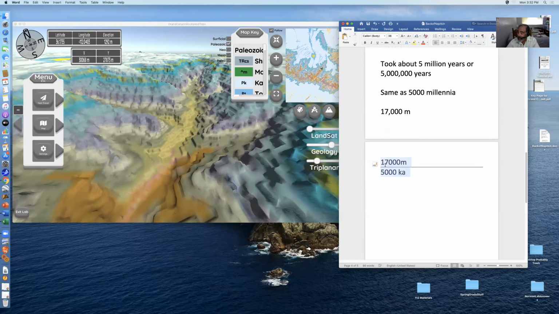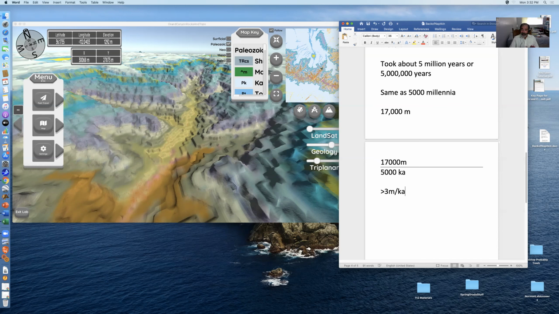Try the math again. Look at 17,000. I hope you can see that 17,000 is a little more than 3 times 5,000. So it's just a little bit more than 3 meters per 1,000 years.